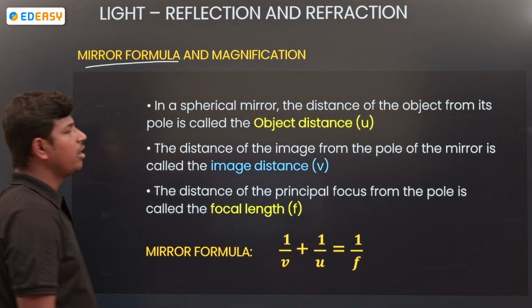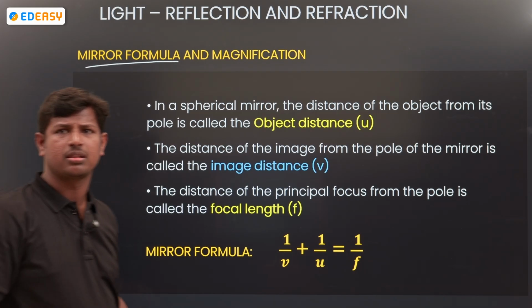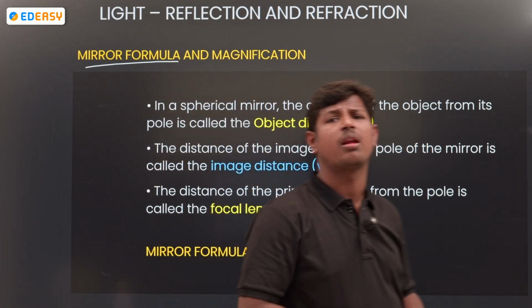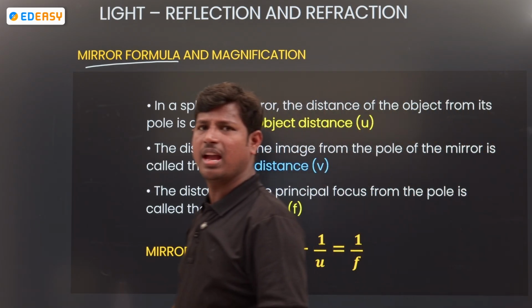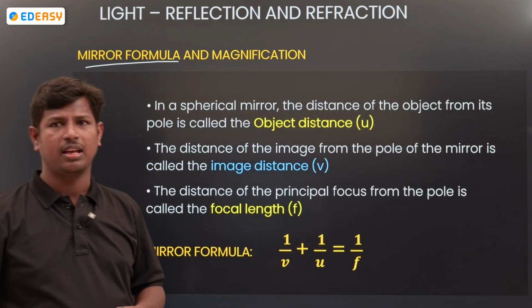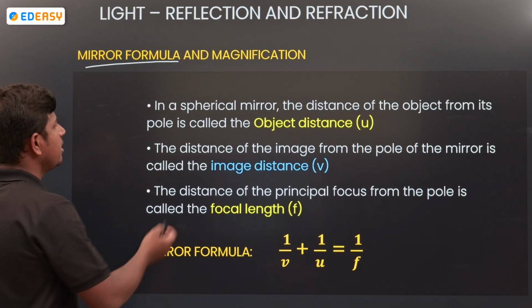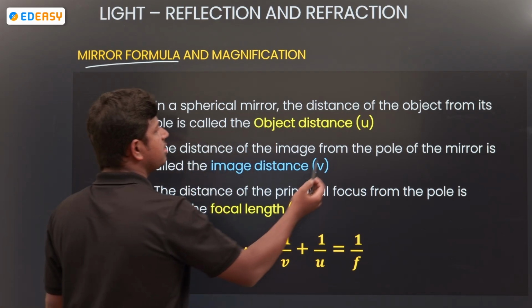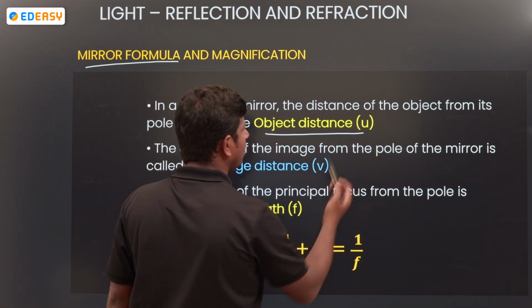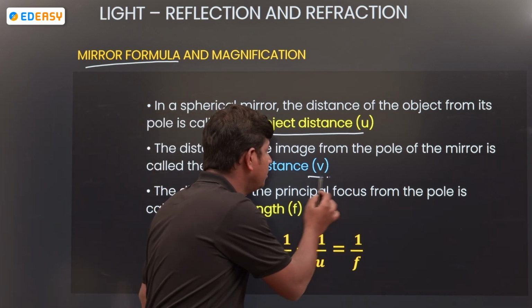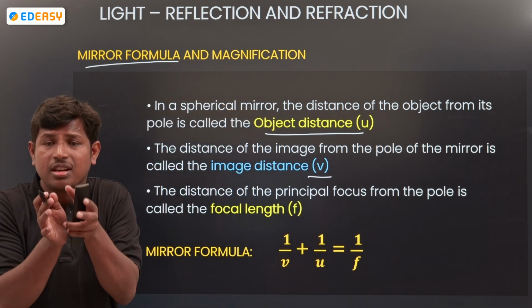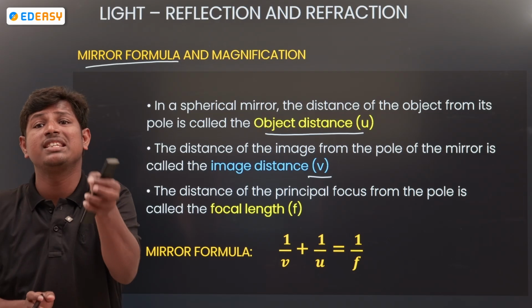Mirror formula and magnification. Why do we use a mirror formula? Is there any importance of the mirror formula? Yes, there are a few. Coming point by point, in a spherical mirror, the distance of the object we will take as u. The image distance we will take as v.